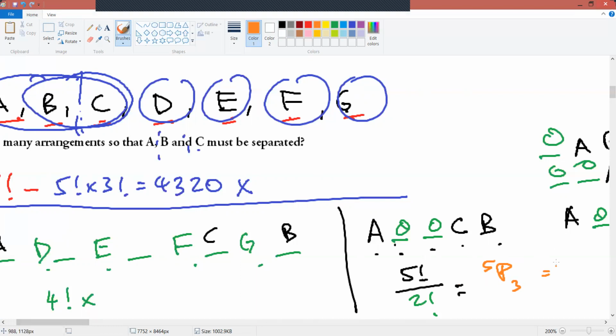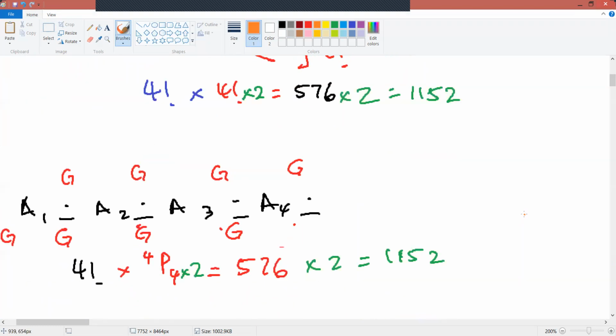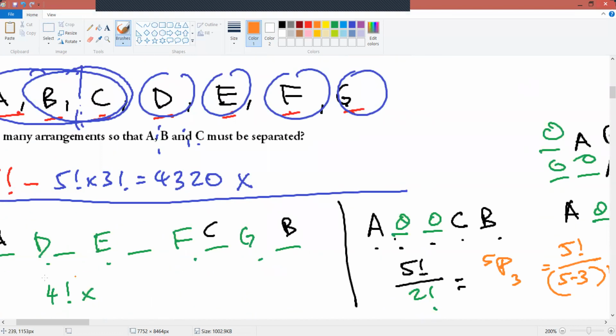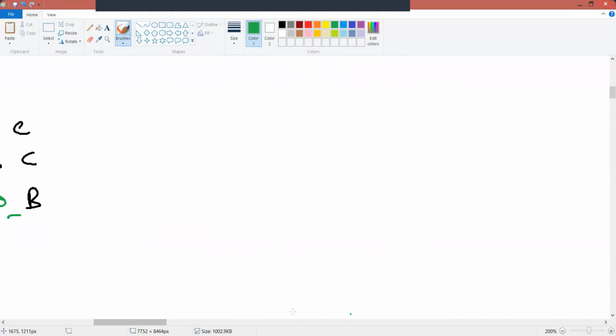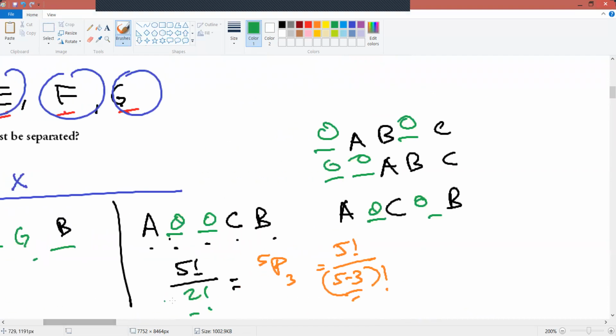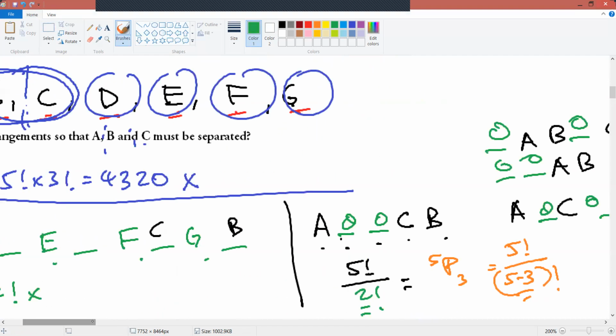Because the 5P3 is actually 5 factorial over 5 minus 3 factorial, which is actually the 2 factorial. Sorry. Which is actually the 2 factorial. Don't you agree? This is actually the 2 factorial of this one. It's kind of the same. Okay? It's the same actually. Right on. 5 minus 3 factorial.